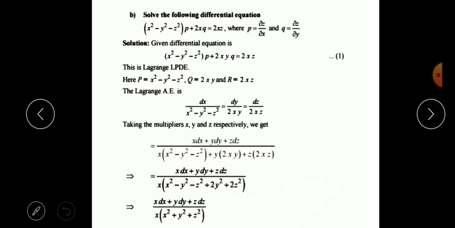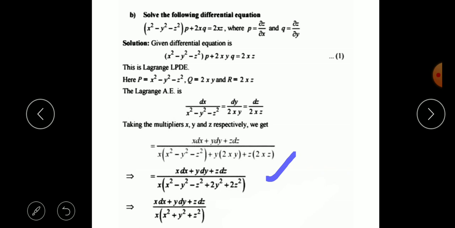So x dx plus y dy plus z dz upon x into x square minus y square minus z square plus y into 2xy plus z into 2xz, this is equal to x dx plus y dy plus z dz upon x into x square minus y square minus z square plus 2y square plus 2z square.